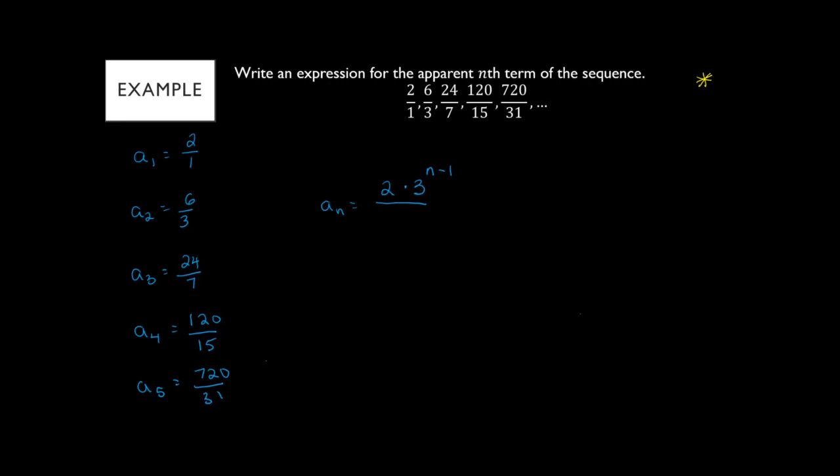So I came up with something for the first term, then I came up with something for the second term. I tried it on the third term, and it doesn't work. So we have to think about this differently. There's something else going on here, because with this current pattern that I wrote, I would get 18 in the numerator, not 24.